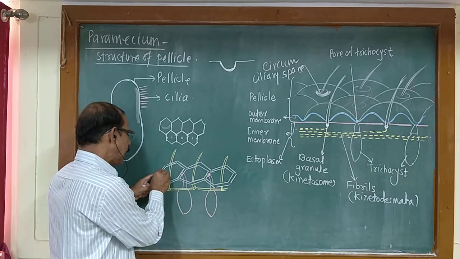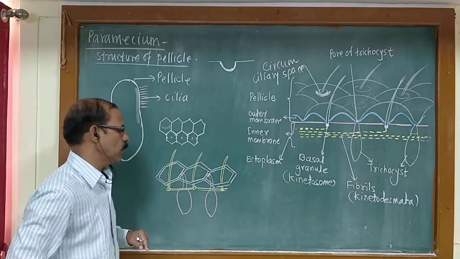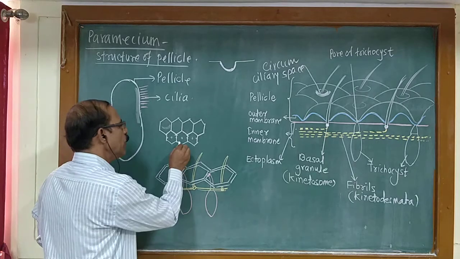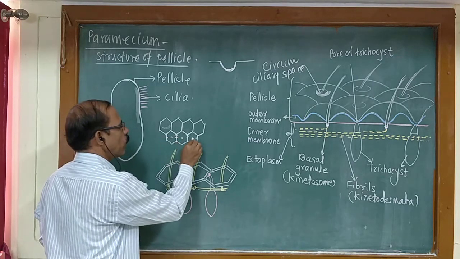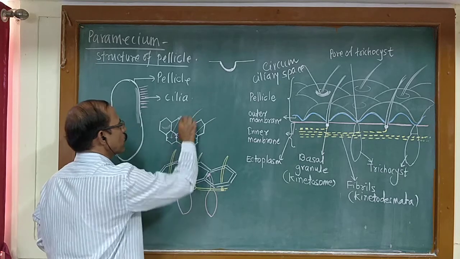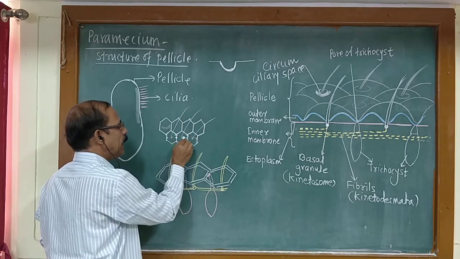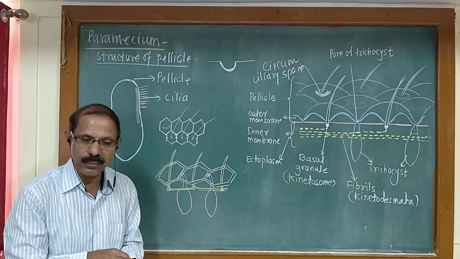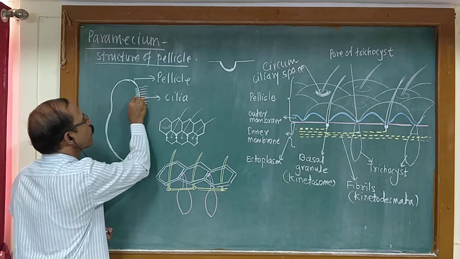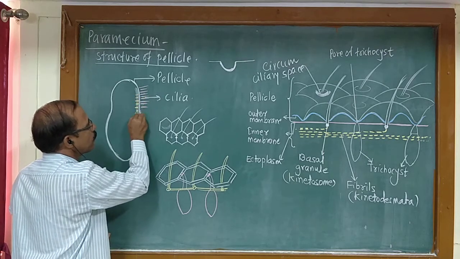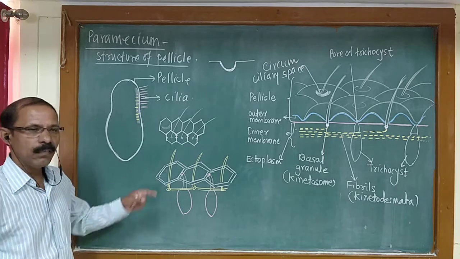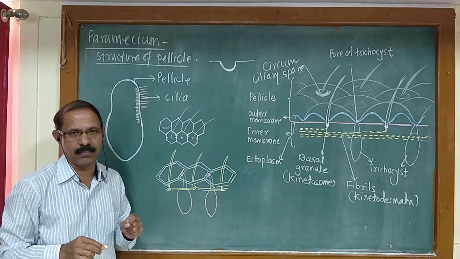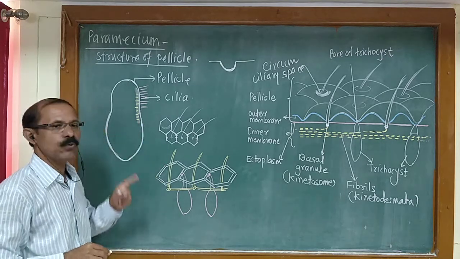And on the anterior and posterior margin of the pellicle, it shows openings, because at the middle the cilium emerges out, and at the anterior and posterior margin the trichocysts open. Trichocyst is the defense organelle present in the ectoplasm. In the external character, we might have known that below the pellicle, in the ectoplasm, there is a defense organelle called the trichocyst.